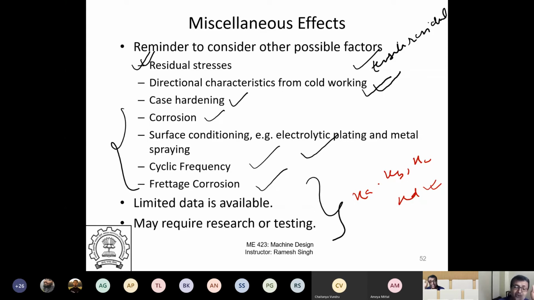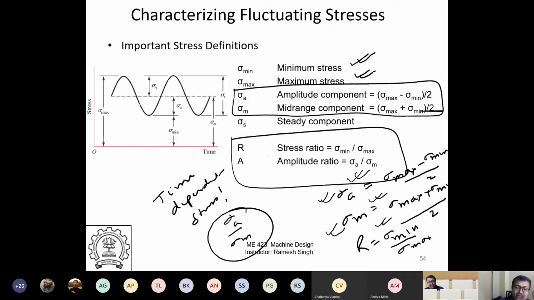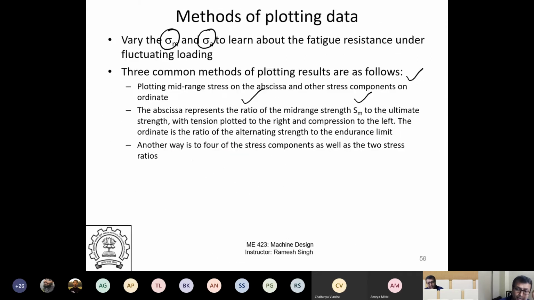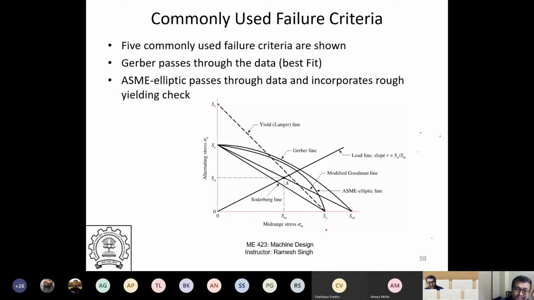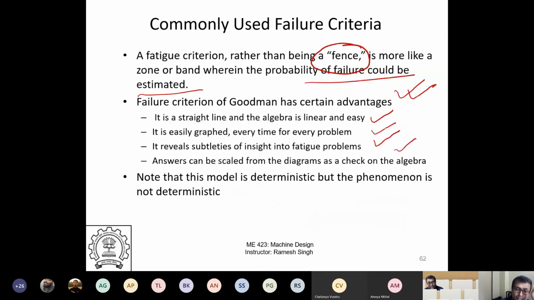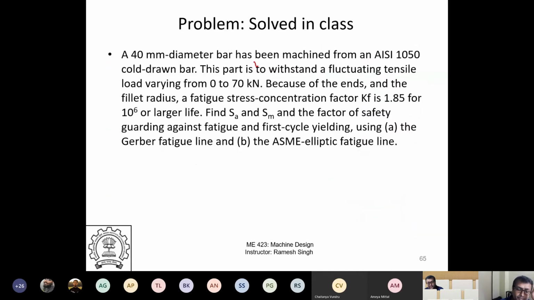All these are there. So basically I will go ahead and modify SE dash, which is equal to K, whatever K was.